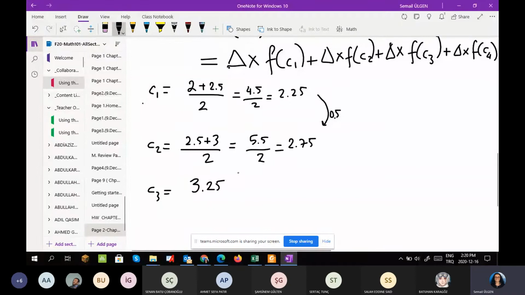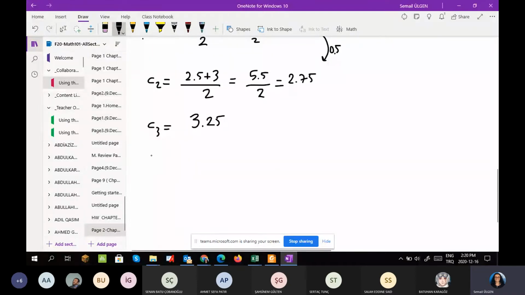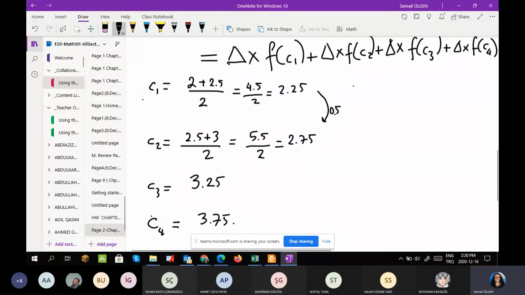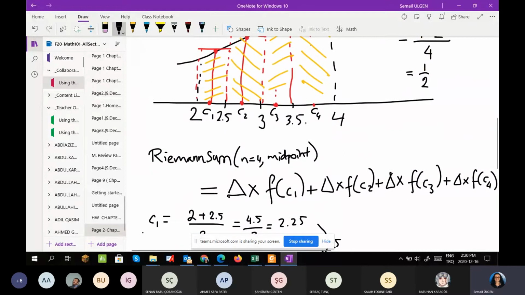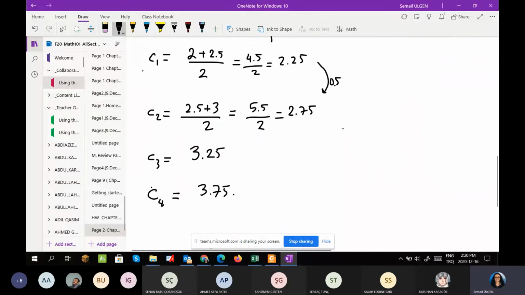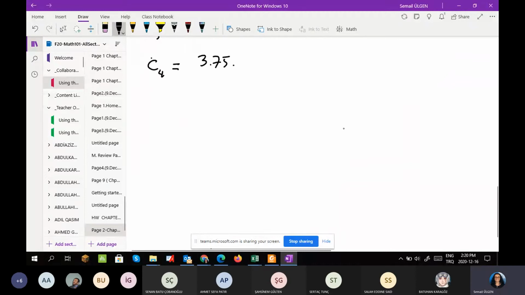All right, and then if you go down, c4, we are going to add 0.5 to it. So this is 3.75. Again, you find it similarly, you just add these up, 7.5 divided by 2. It's going to be 3.75. You get it. Okay, so we got all these numbers.